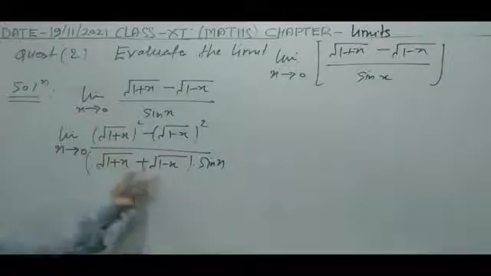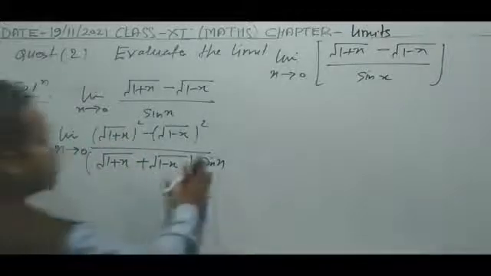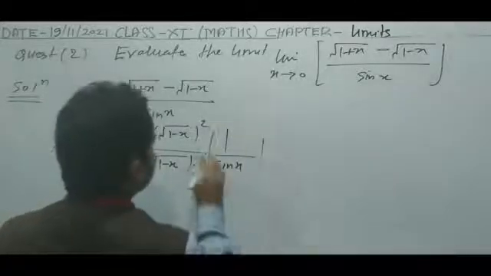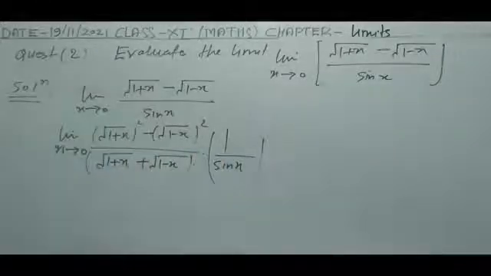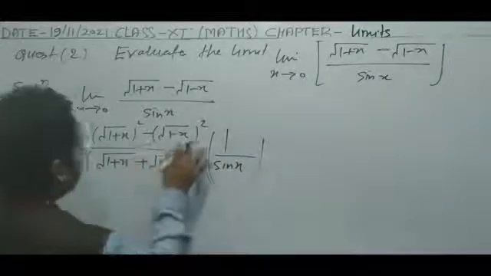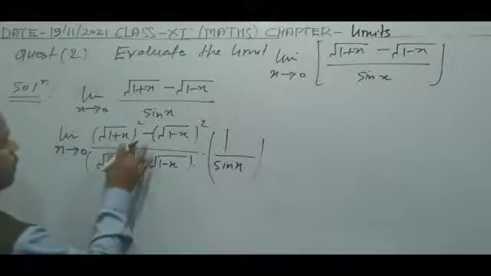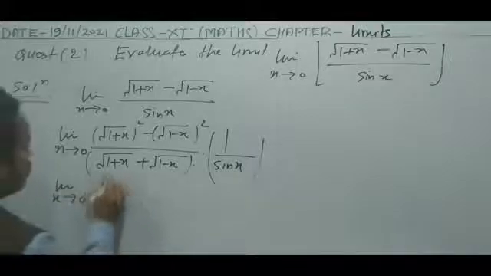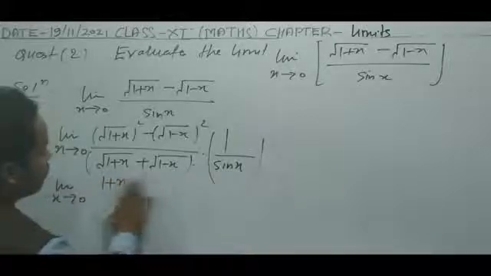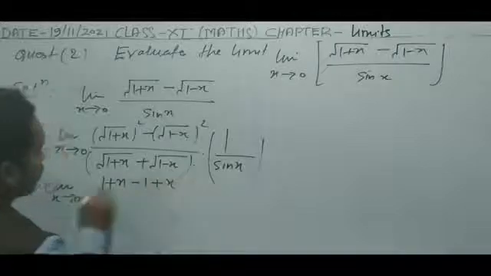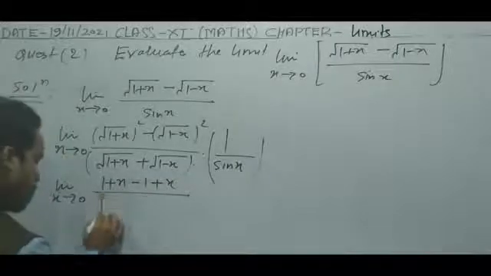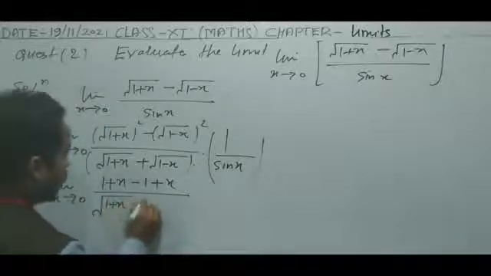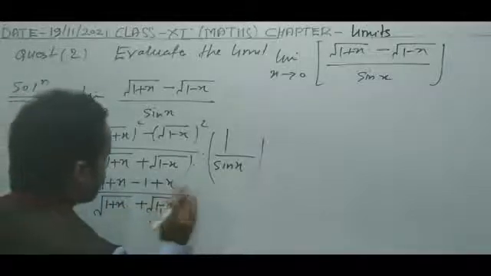When you will split, this will cancel out. So this sin x we can write into 1 upon sin x separately. Now when you will see, this expression will be 1 plus x minus 1 minus x. So limit x tends to 0, this is 1 plus x minus 1 plus x and whole upon root over 1 plus x plus 1 minus x.